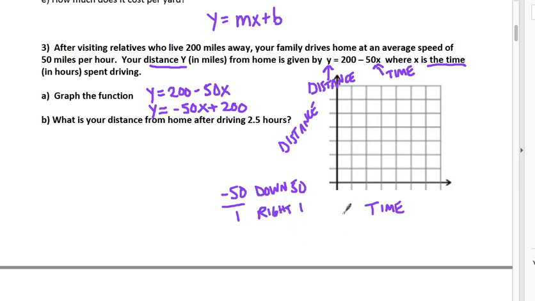So that might help to figure that out first so that we can figure out how we want to label our graph. So time is in hours. So maybe we could just go by ones. So 1 hour, 2 hours, 3, 4, 5, 6, 7 hours. And then distance is in miles. And if I know my y-intercept is 200, I have to put 200 on here.